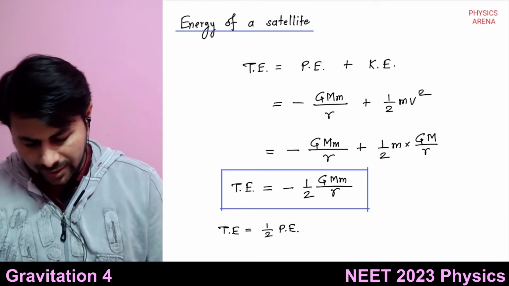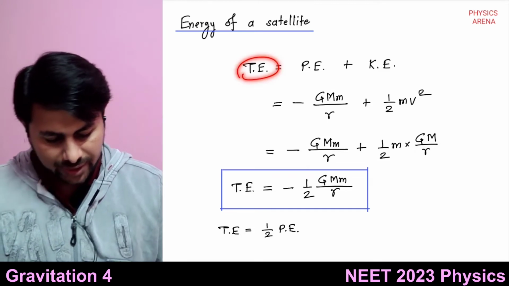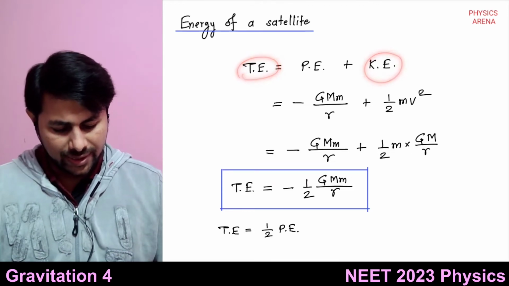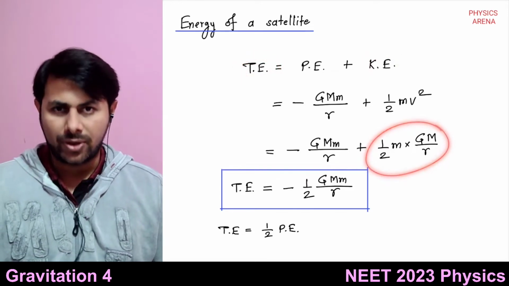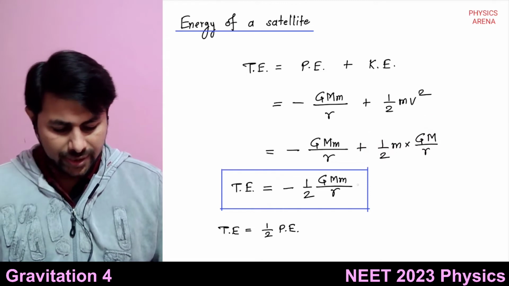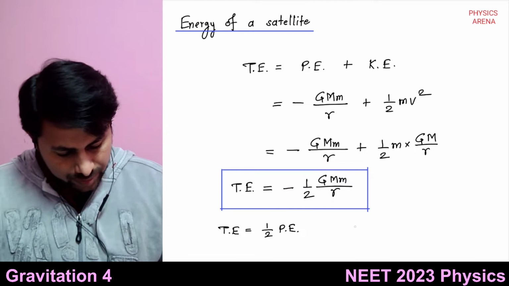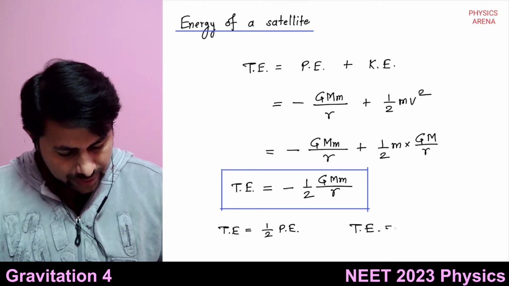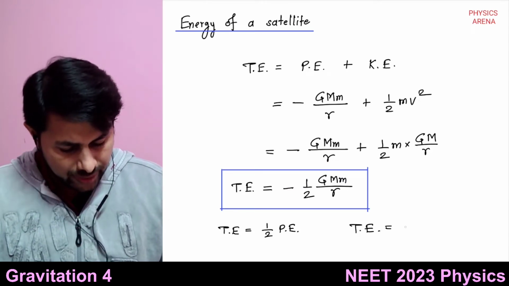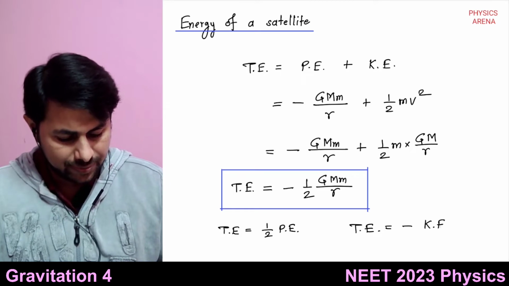And what is the relation between total energy and kinetic energy? Kinetic energy is half of GMm upon r, and total energy is minus half of GMm upon r. So total energy is equal to minus of kinetic energy.